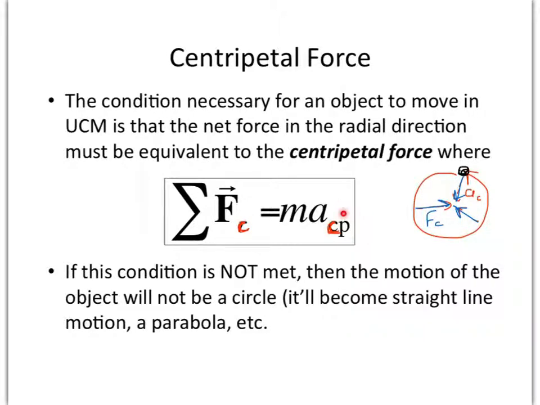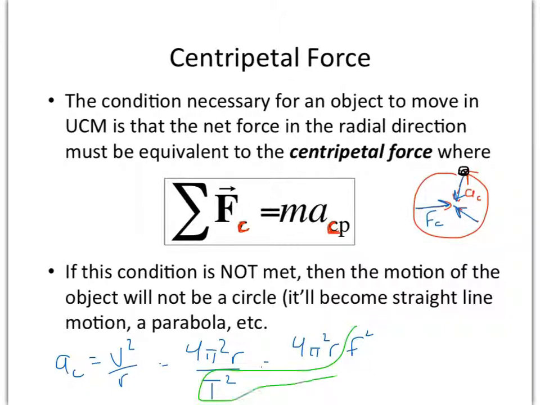We said that centripetal acceleration is v squared over r. We also said that it's equal to 4 pi squared r over T squared, the period squared. It's also equal to 4 pi squared r f squared, f being frequency, and frequency and period are basically inverses of each other, so that's why you can have basically the same thing there.